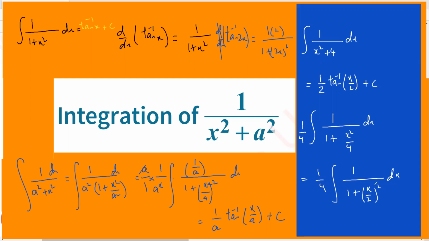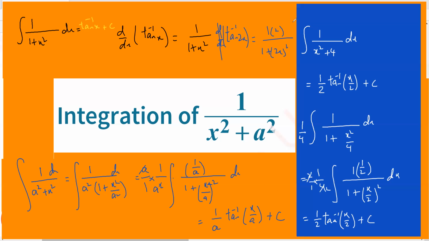What is the derivative of x over 2? That is a half. So you will multiply it with 2 over 1 as well. The two 2s cancel. So now you can write it as half tan inverse of x by 2 plus c. So the choice is all yours.